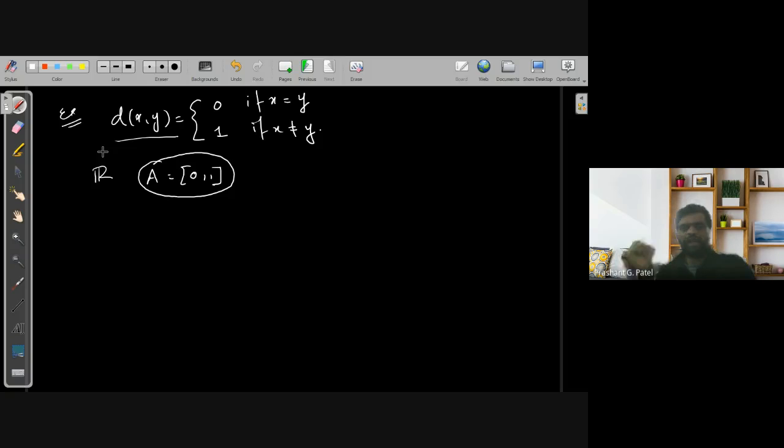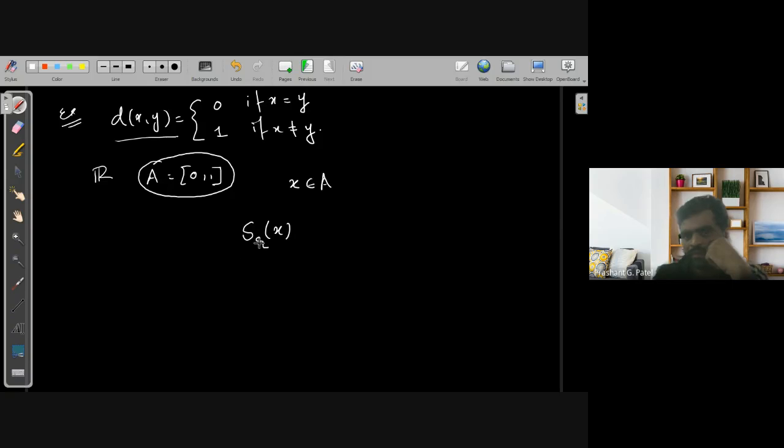So for that you have to look at what are the open spheres whose radius is less than 1, which we already discussed. So what will be the open sphere in this discrete space? Let's say x is in this A. What will be the S_r of x?